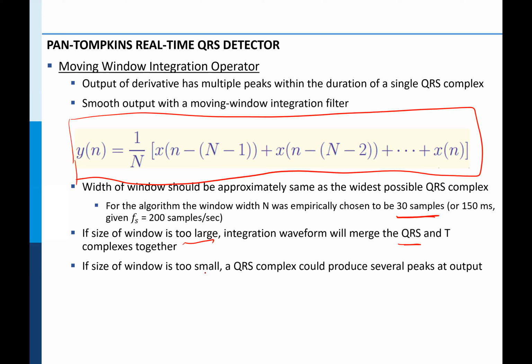On the other hand, if your window was too small, then it might be operating within the QRS complex, and you might get some false positives in terms of the peak detection. So the window length has to be optimally selected, and that's why for this particular design, they've selected 150 milliseconds, and when you consider the sampling frequency to be 200 hertz, it's 30 samples.